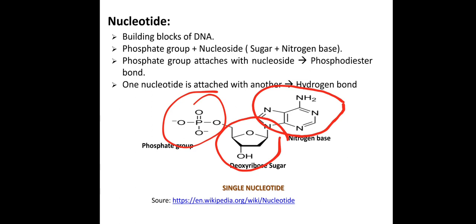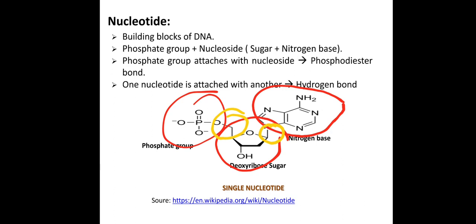Usually the nitrogenous base is attached to the first carbon atom of the sugar. Okay, and the phosphate group is attached to the fifth carbon atom of the sugar.